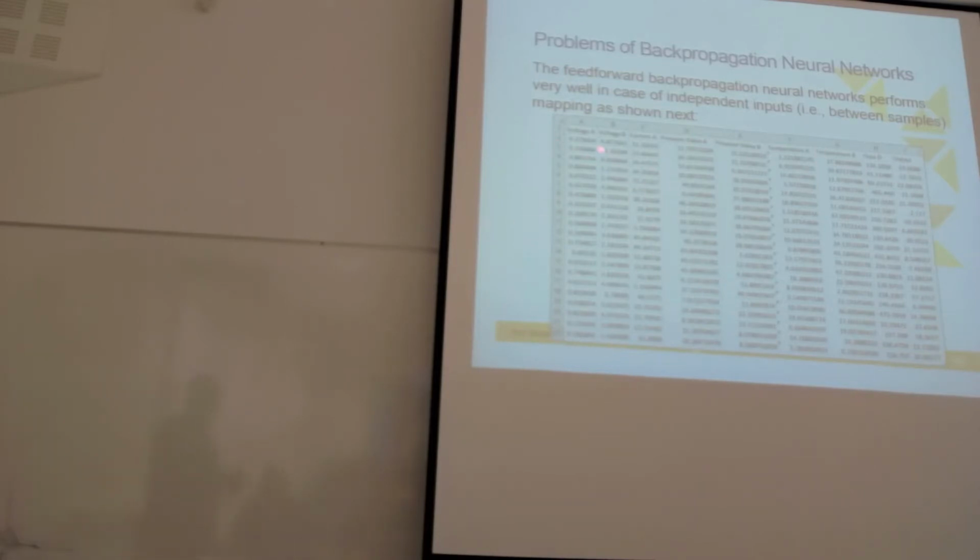If those values are independent of each other, so every row is just a collection of measurements, and then we have some output based on those measurements, in that case feed-forward neural networks work fine, because they are independent and you can take every line alone. They are not like a time sequence or time series of data.